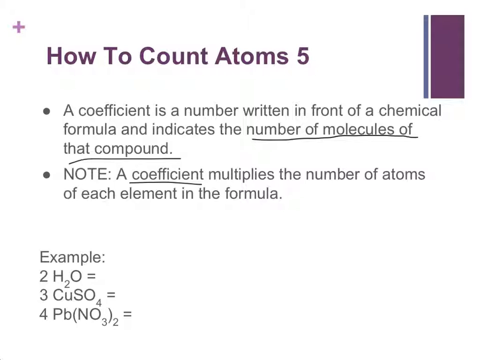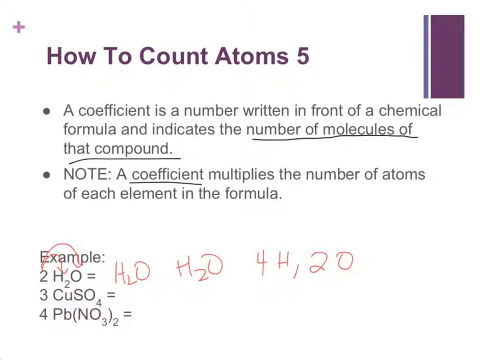So for example, if we have 2 H2O, that means that we have 2 water molecules. Each water molecule has 2 hydrogens and 1 oxygen, so it's like we're multiplying the 2 through to both, meaning that there are 4 hydrogens and 2 oxygen atoms.